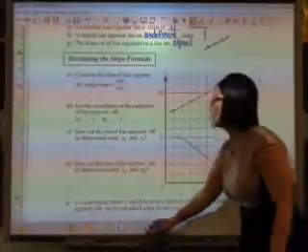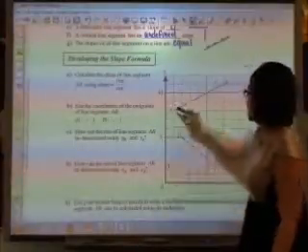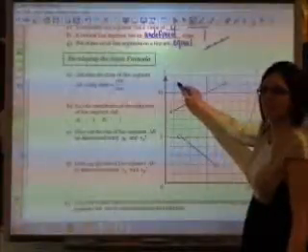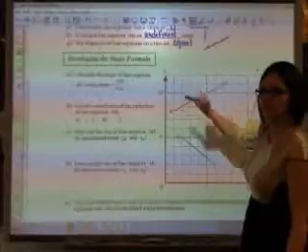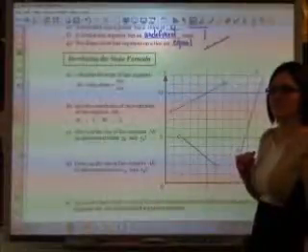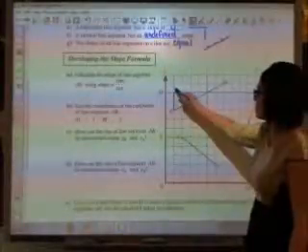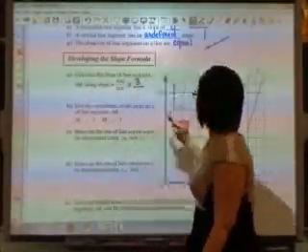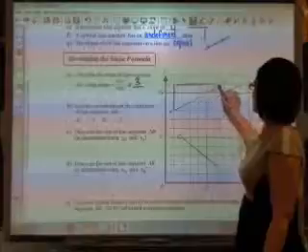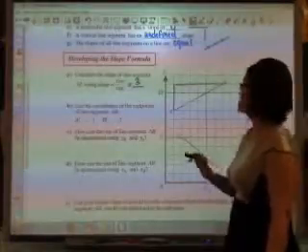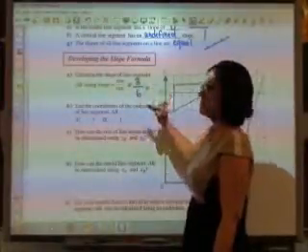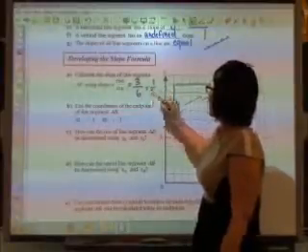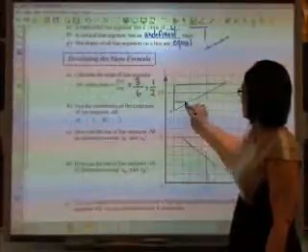Or even if I just go from A to B, what's the rise from A to B? 3. What's the run? 6. And what does that reduce to? 1/2.